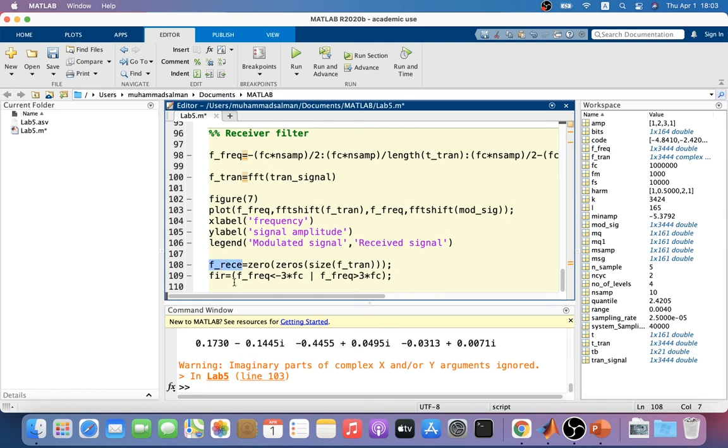So I will say that f receive is equal to f receive for the correct FIR, because this will give me the index and the logical indices. Logical indices mean it will be either 0 or 1. So if they are 0, it will not consider it, but anything which is 1, it will only consider that one. So only consider the positions which are positive, which are correct, and then what is f tran.